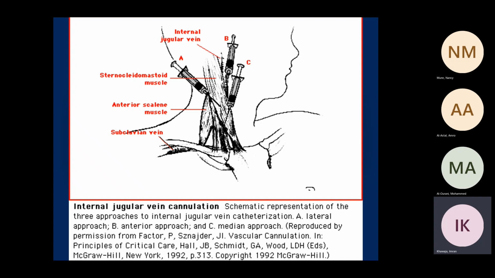Swan-Ganz can be put through a femoral approach, and I think they do that sometimes down in the cath lab. And in that case, you need fluoroscopy, because you have to maneuver retrograde through the IVC into the right atrium. So fluoroscopy would be needed in that case. But the IJ, with ultrasound guidance, would be the better approach.